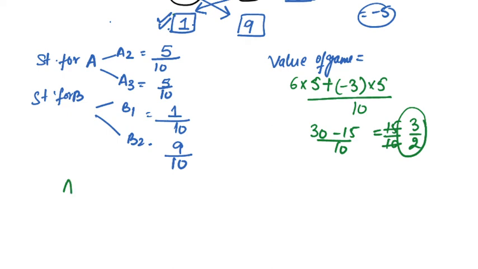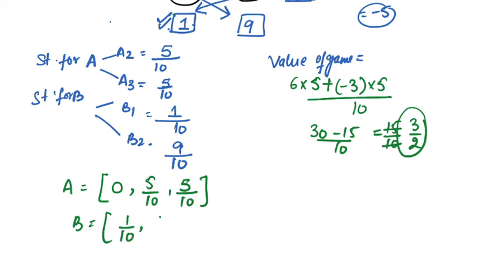So if we have to write like this, strategies for A1 is 0, A2 is 5 over 10, A3 is 5 over 10. And for B, it is B1 is 1 over 10, B2 is 9 over 10, B3 is 0 and B4 is also 0. So we were having basically 4. So here I have to make one correction in A also.